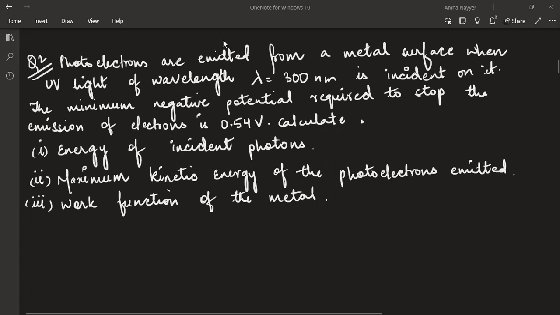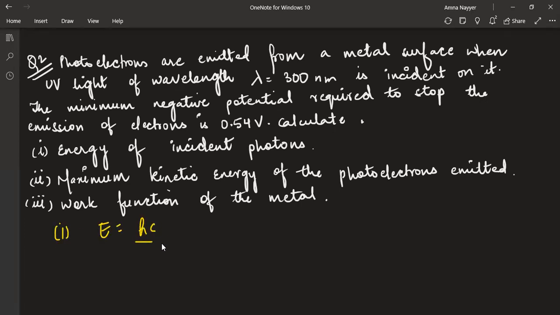This is 0.54. Yes, you'll use the same formula. Good, Fahad. See what answer you're getting. Formula is correct. So energy of incident photon: you have to find out total energy. Wavelength is given, energy you have to find out. One basic formula you have for total energy.